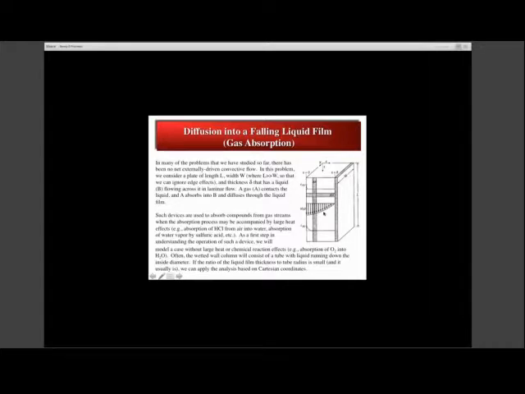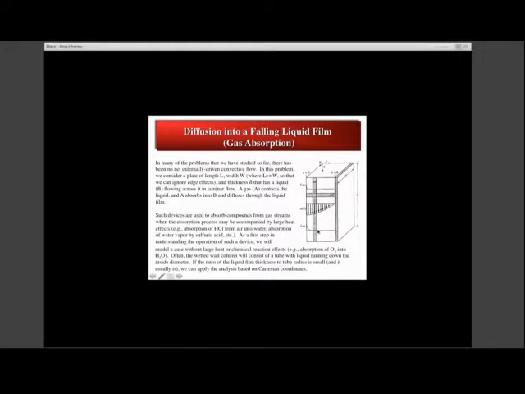Now, in this case, we're simply going to use the case of gas absorption. We're going to turn off the chemical reaction for the time being. And this is very typical of things like wetted wall columns for mass transfer.